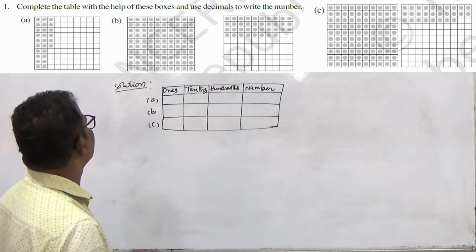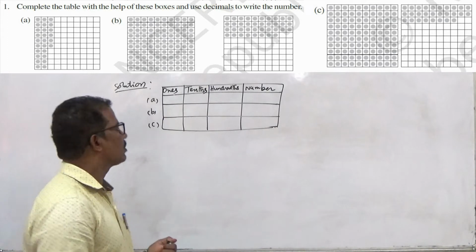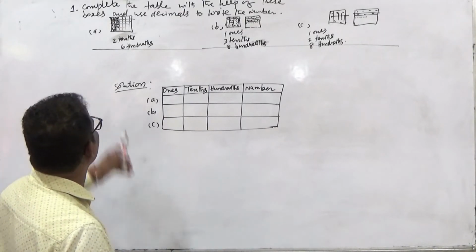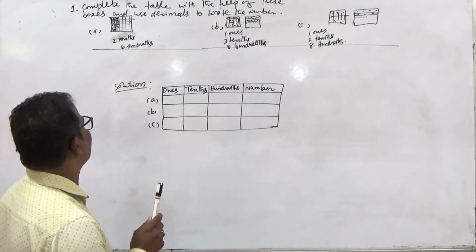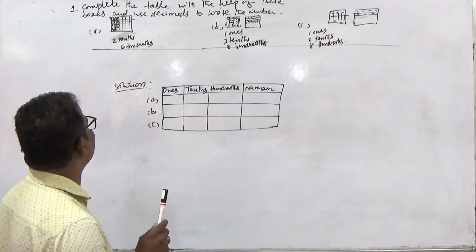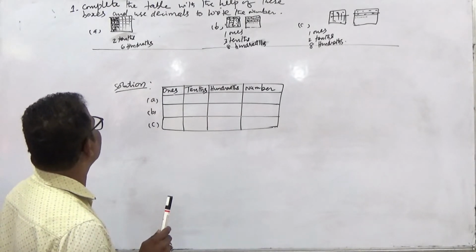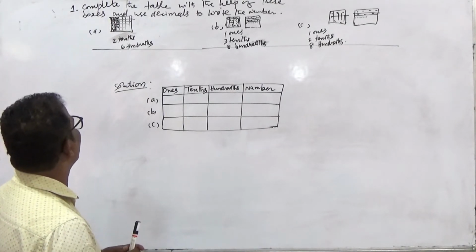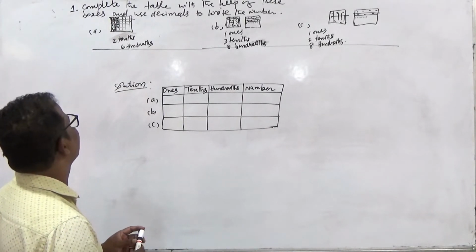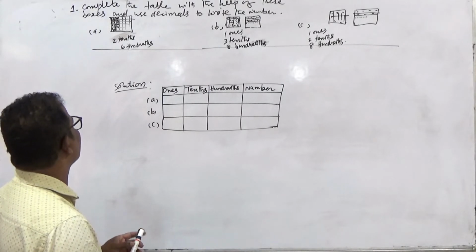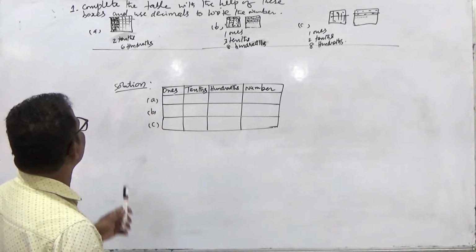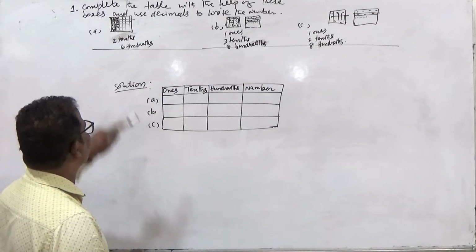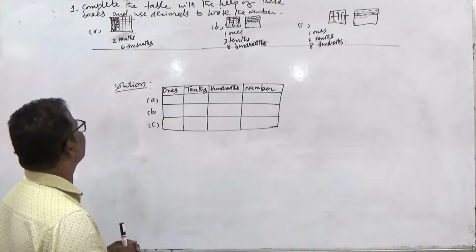In question A, in one box there are 10 shaded circles completed, two such boxes, and in the third one the 10 parts are not completed, only 6 shaded circles. So for the full shaded parts we can take 2/10.